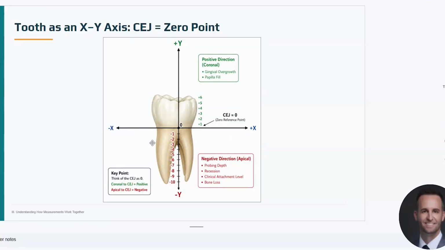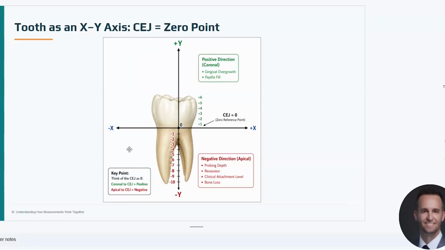When we can see part of that root exposed, we are measuring this value below the CEJ, so that is a negative value. Clinical attachment level: how far down this root is that gum tissue actually attached to the root? Where does it snap onto the root? Where is that point down that root? It's almost always going to be a negative value.